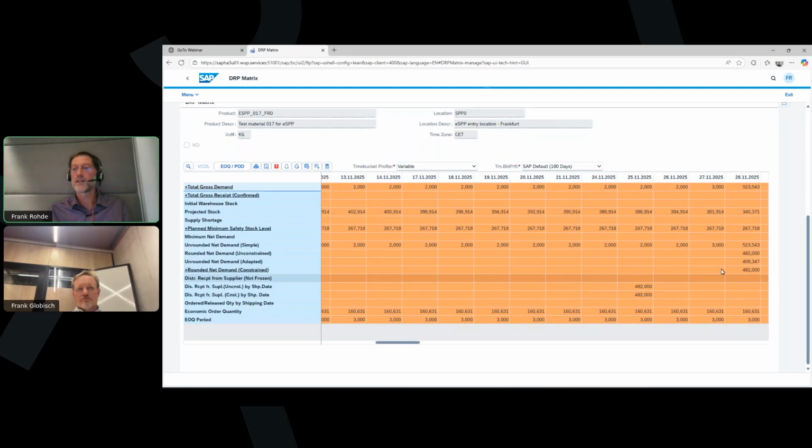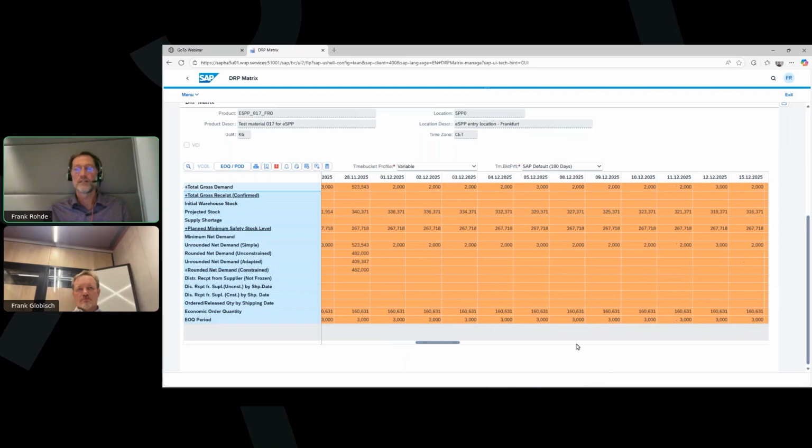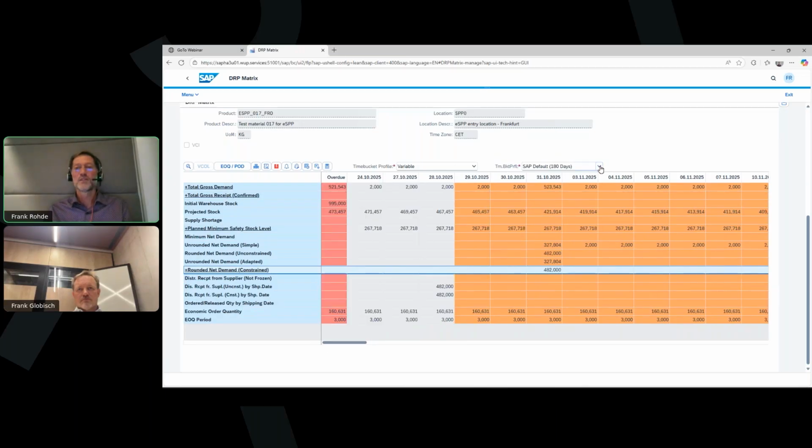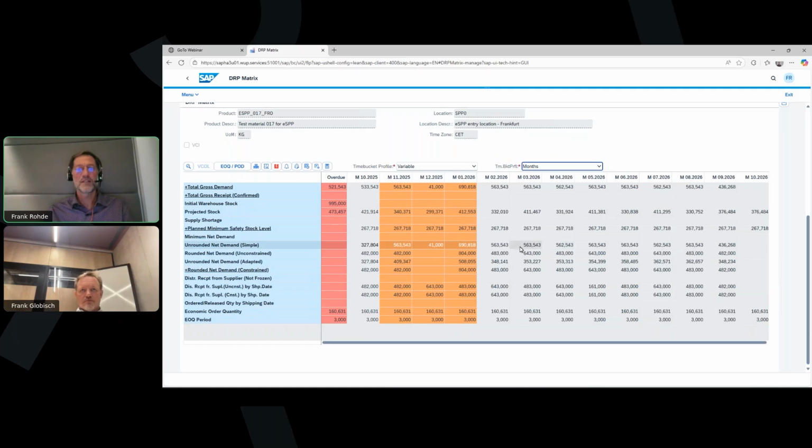So the net demand is calculated, and this quantity would be the quantity that the system would order. Switching to a different mode, let's check it in months. That is important to compare it later on. So this line shows the monthly demand for this product.